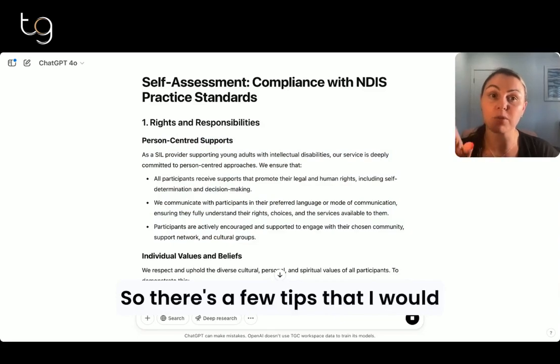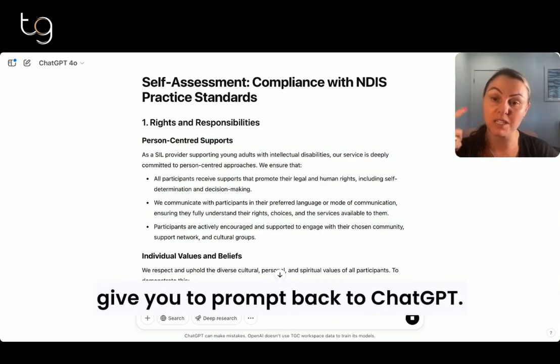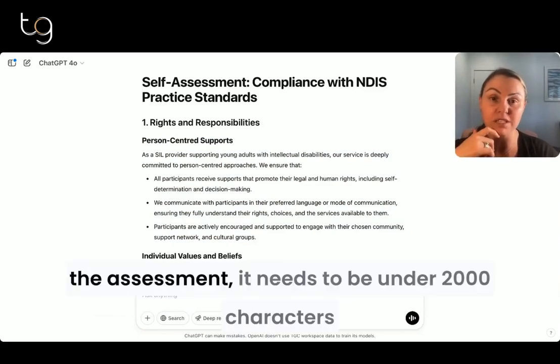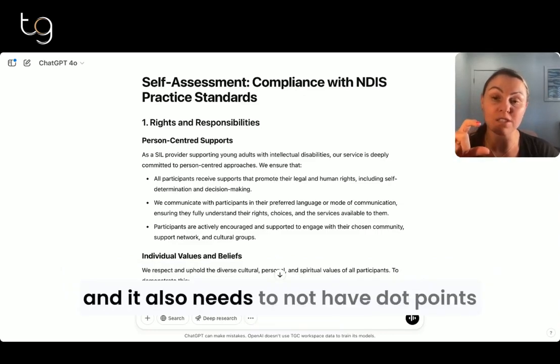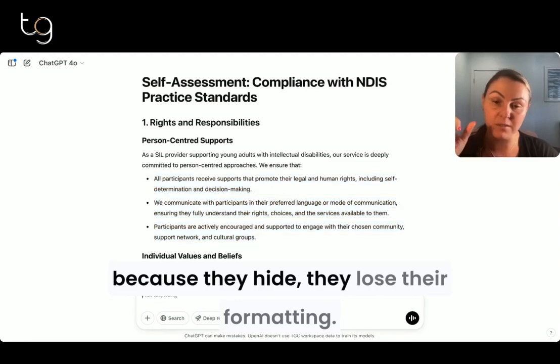So there's a few tips that I would give you to prompt back to ChatGPT to make this easier for you to put into the assessment. It needs to be under 2,000 characters, and it also needs to not have dot points, because they lose their formatting.